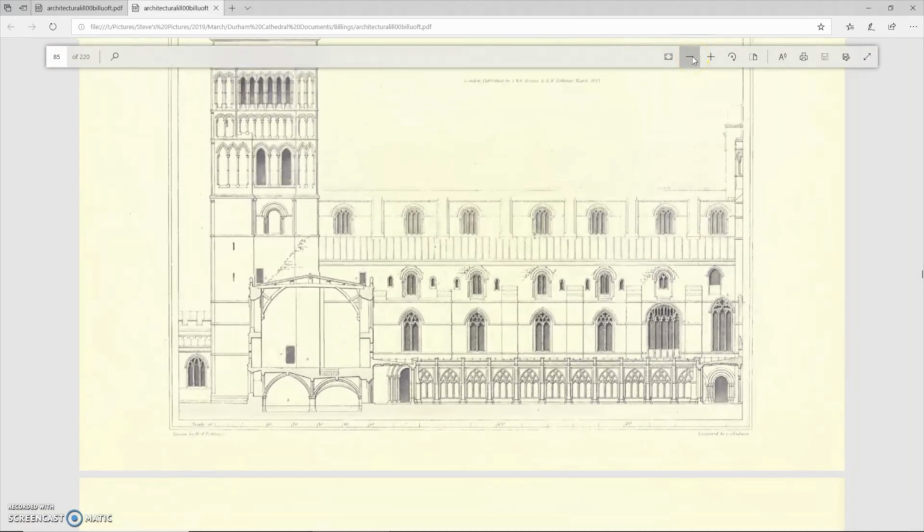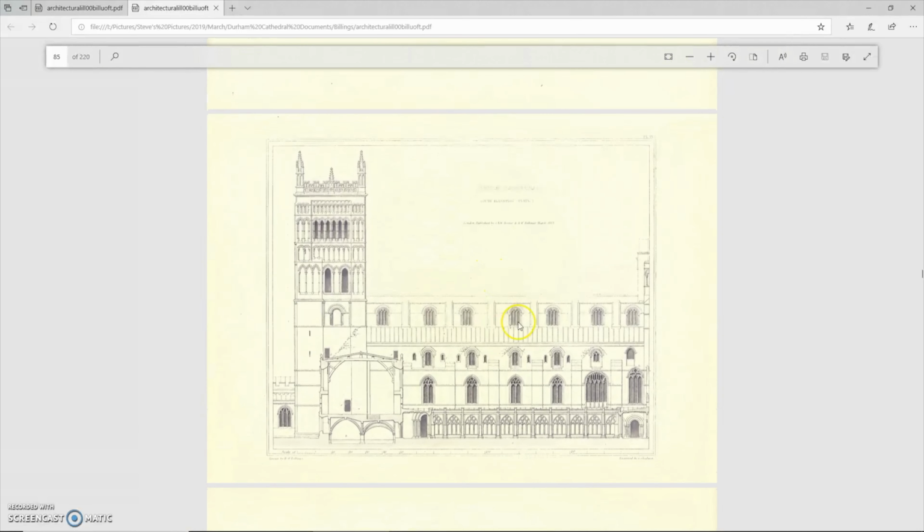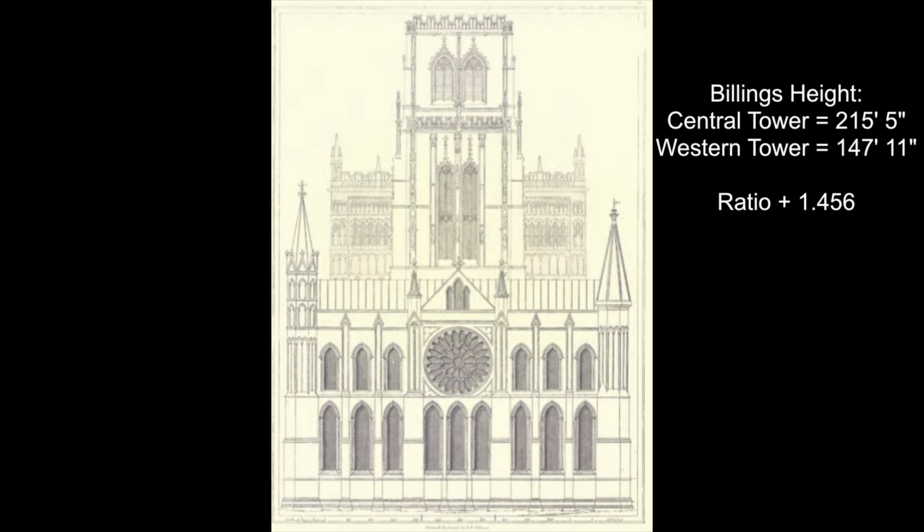And I use this scale, and again similarly to the other one, an A3 printout and accurate measurements, and I was able to obtain a height from the base here up to the top of the parapet there, and that gave us a height for the western tower of 147 feet and 11 inches. Using the heights measured from Billings scale drawings, this gave a ratio for the heights of the towers of 1.456.